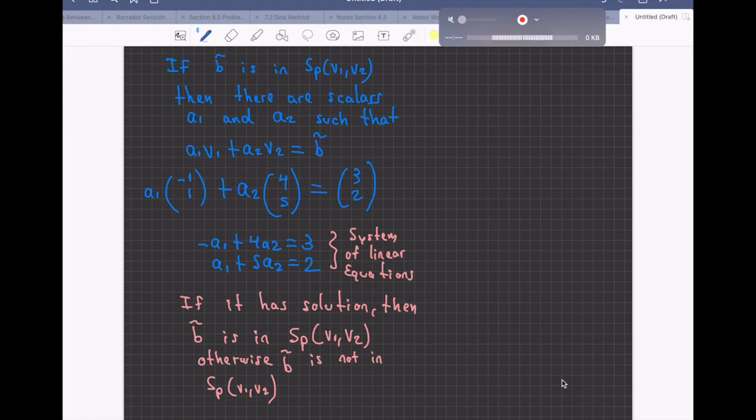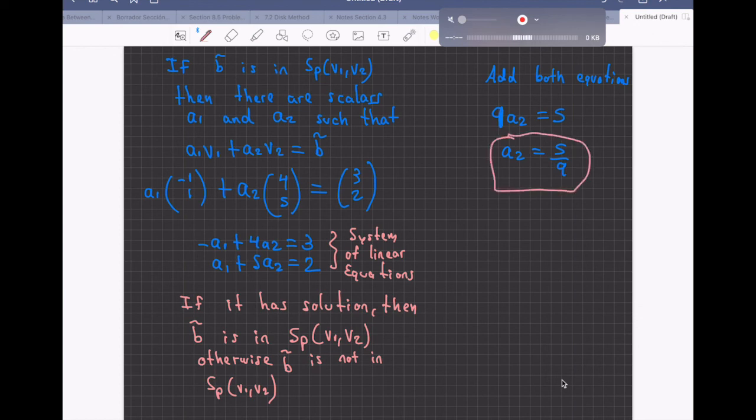But in this case, I'm going to do it with the method of elimination. I add both equations. So the negative A1 plus A1 cancel out. 4 plus 5 is 9A2 equal to 5. So for A2, we have 5 over 9.